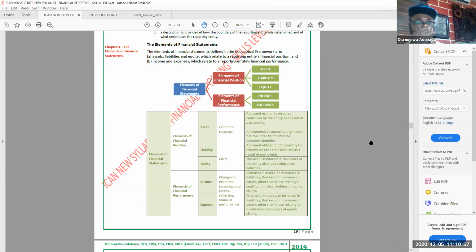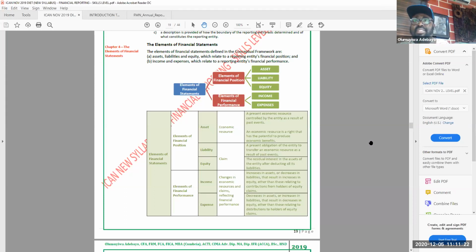Let me simplify. What it simply means is that whenever you find out that your equity has increased in value, and it's not increasing because you have contributed new capital, but it's increasing because during that period, your asset has increased in value or your liabilities has decreased in value. Therefore, we say you have earned income.